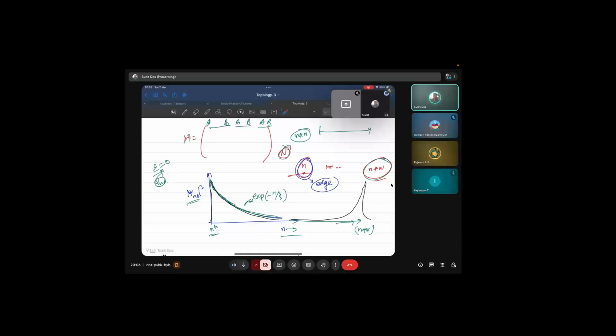And not only that, because they are zero energy states, it is dissipationless transport. So there is no dissipation for the transport that is happening due to the edge state.